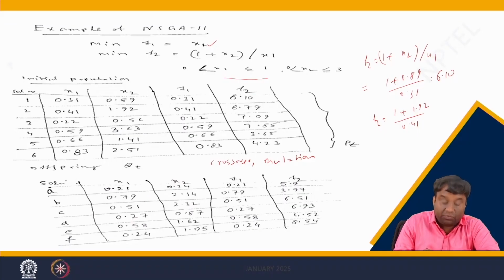For D, x1 is 0.27, x2 is 0.87. For E, 0.58 and 1.62. For F, x1 is 0.24 and x2 is 1.05. F1 is the same. F2 can be calculated by the same formula, 1 plus x2 by x1. So we have calculated F1 and F2, and we have a total of 12 population members.